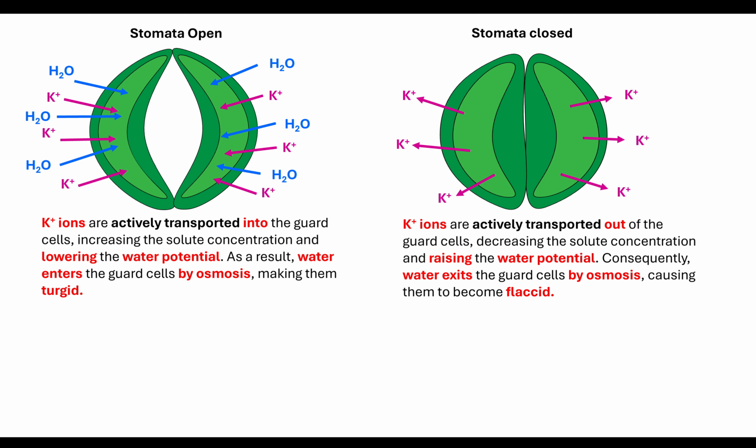We're going to decrease the solute concentration, raise that water potential, and as a consequence, water will leave the guard cells by osmosis, they will become flaccid, and the stomata will close. So this is a way in the plant being able to respond to temperature.